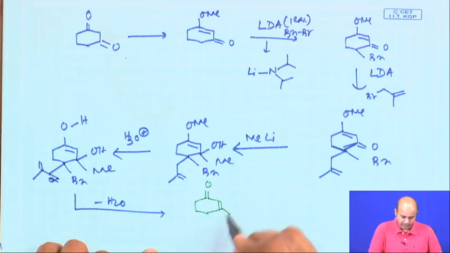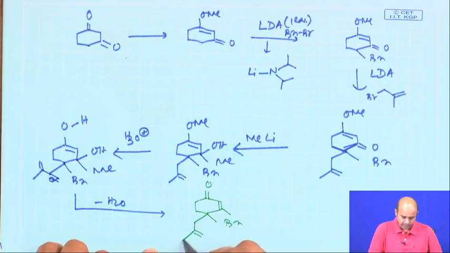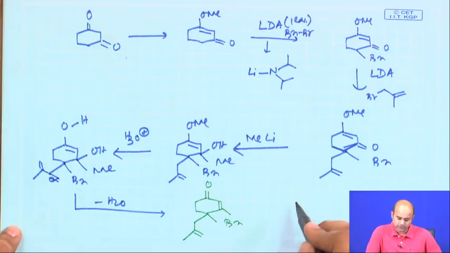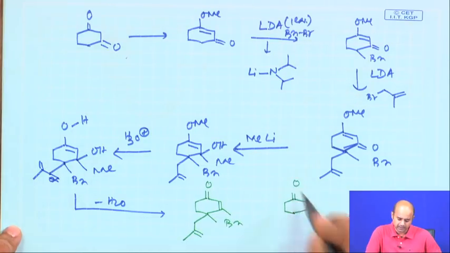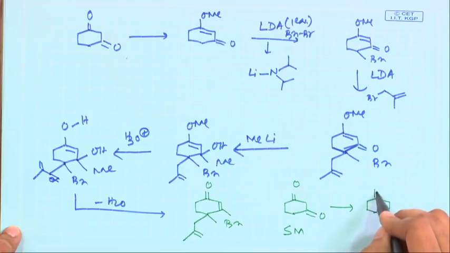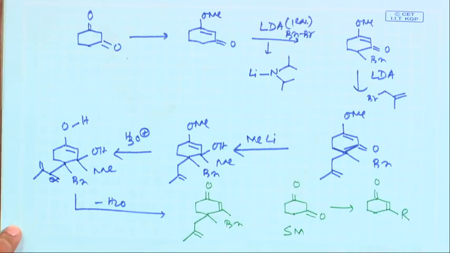Your methyl is here, your benzyl is here. So, this is the final target. Now, this kind of transposition, what can you in reality expect? You start with a starting material like this, and the final outcome is that you get this kind of compound.